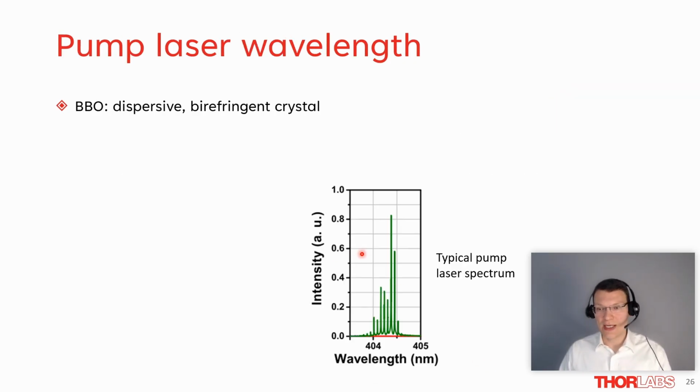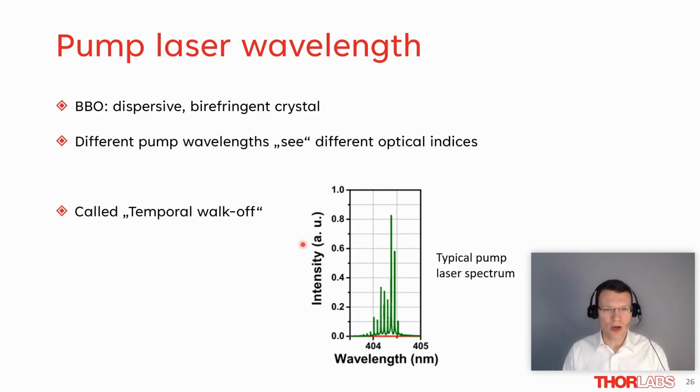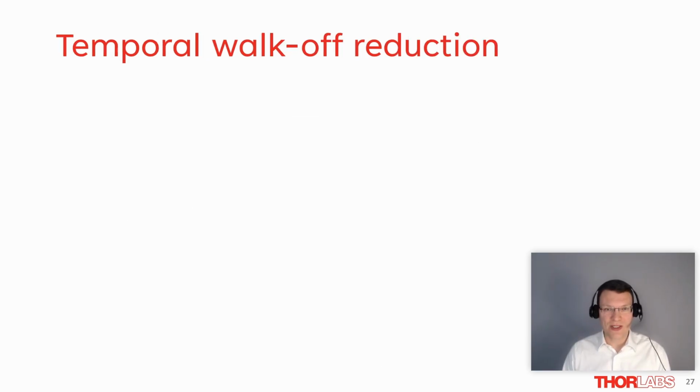Now let's look at the other thing that we talked about, that the pump laser spectrum is just not one line. Remember, we have to go through this dispersive birefringent crystal with our pump laser, and so different pump wavelengths will see different optical indices in the crystal, again giving a walk-off, and this time it's called a temporal walk-off. Again, there are three ways to combat that.